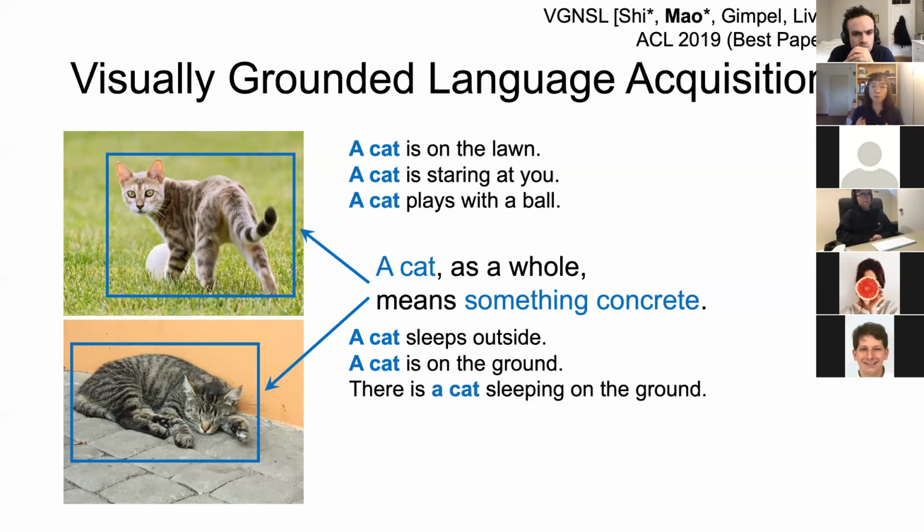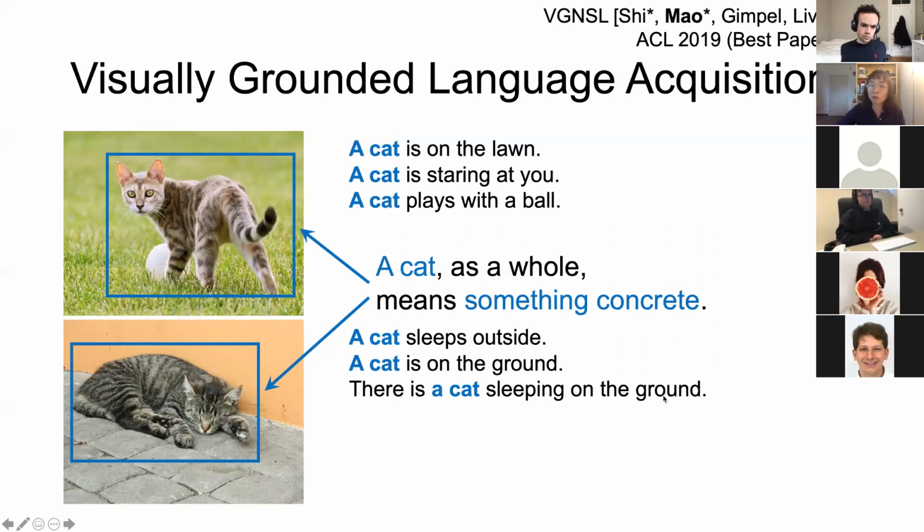And we can further verify our hypothesis by seeing more descriptive sentences of these images, because the only common word of these captions and the only common feature in this image is the cat. And here we can see, okay, the cat is staring at you, and the cat is playing with a ball.